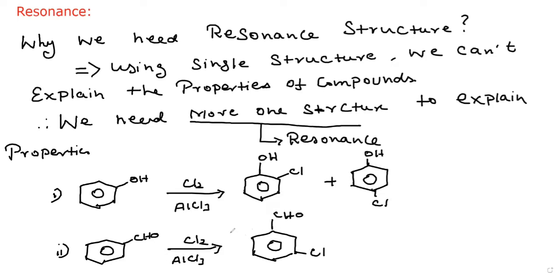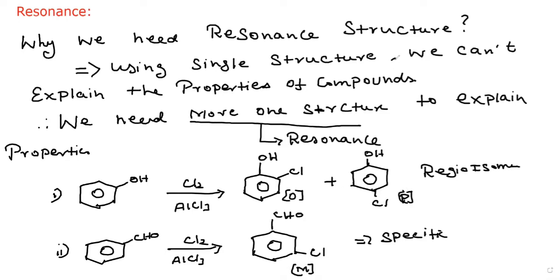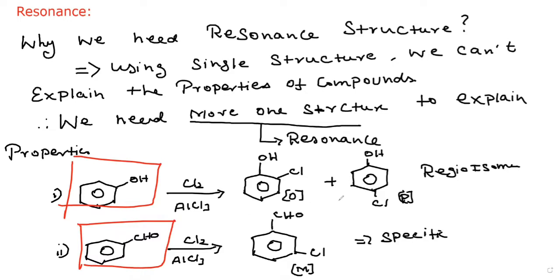Using phenol, I get two isomers, called regio isomers. In the case of benzaldehyde, I get a specific product, the meta product. This is ortho, this is para, this is meta. Using a single structure, can we explain why phenol gives two products and why benzaldehyde gives one product?